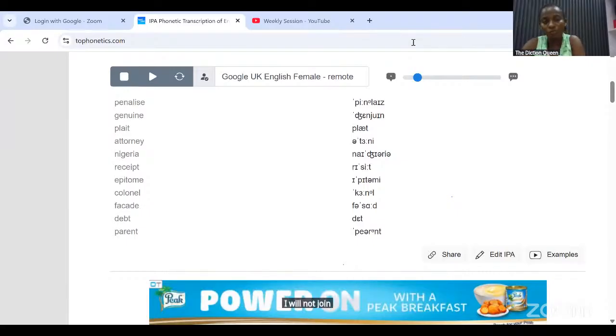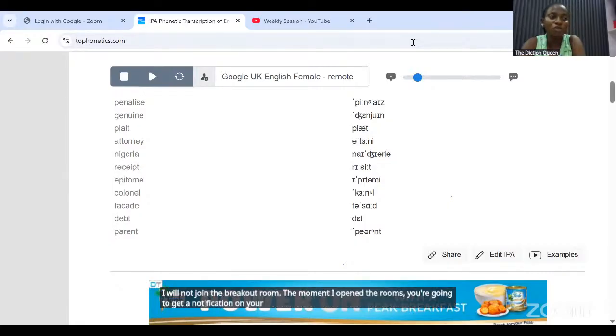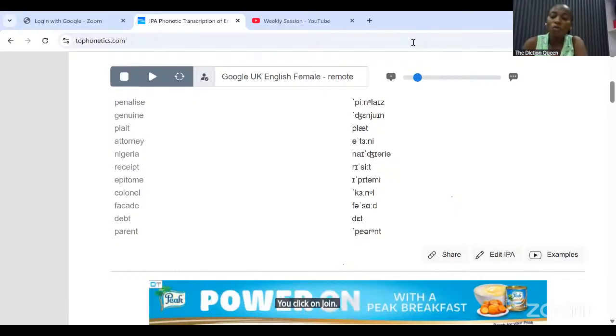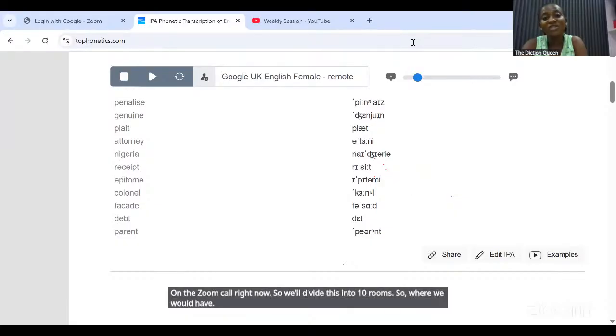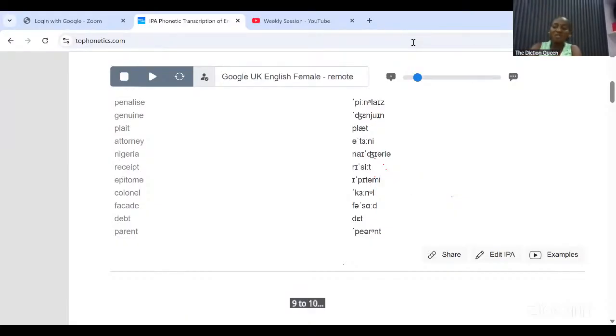The moment I open the rooms, you'll get a notification on your phone asking you to join a particular room. You click on join. Let's assume there are about 101 people on the Zoom call, so we'll divide this into 10 rooms, with 9 to 10 participants in each room.